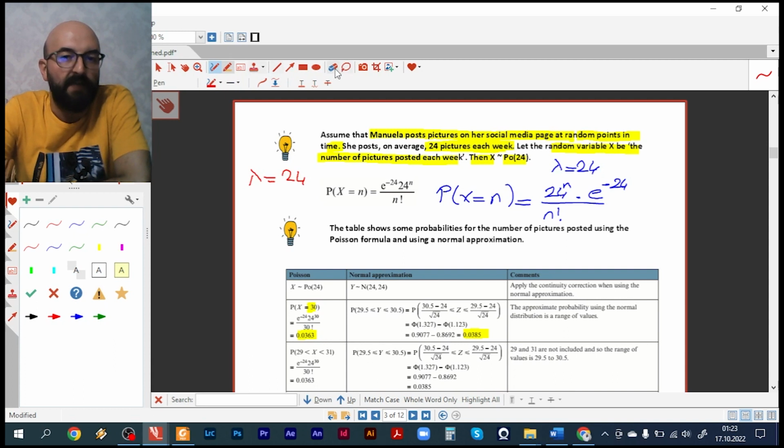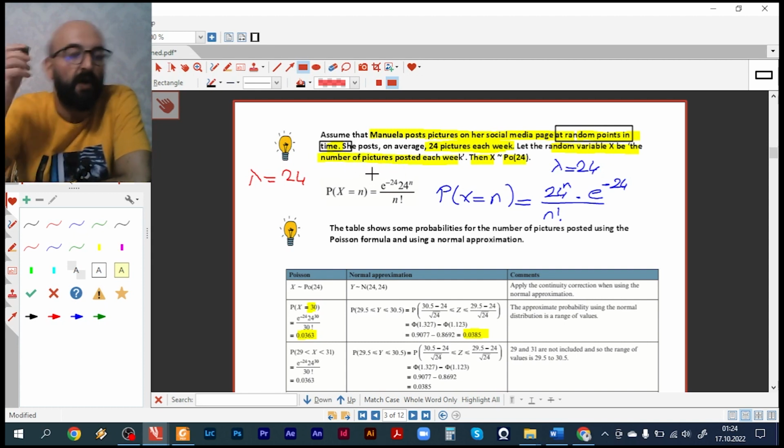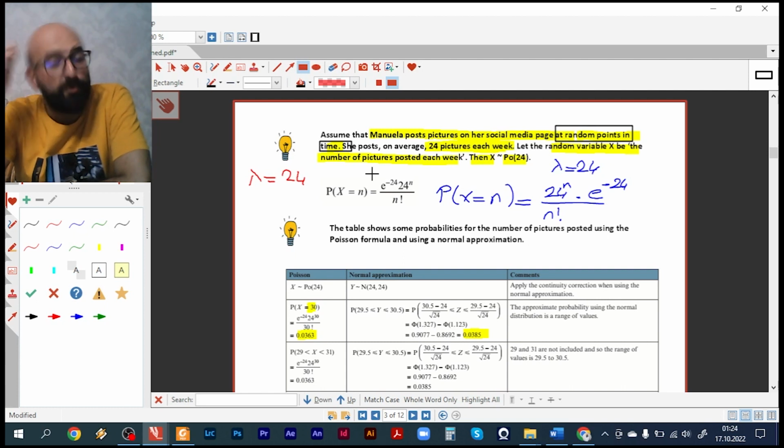And when you see that she posts at random points in time, it means we can use the Poisson distribution, because our data are independent and random.